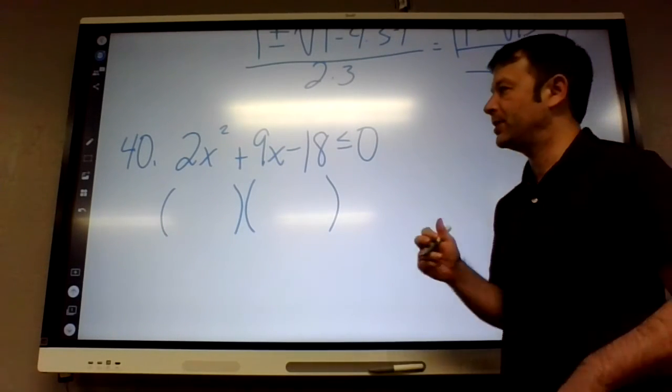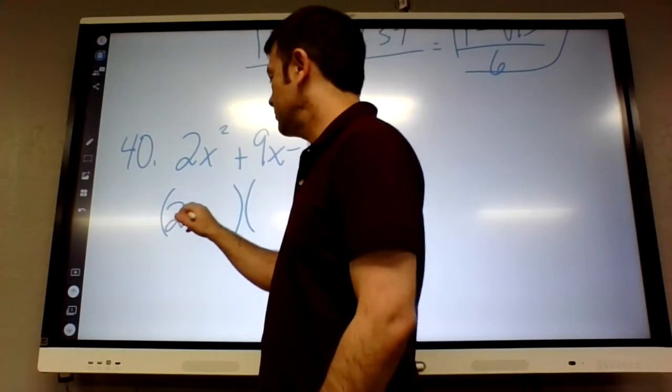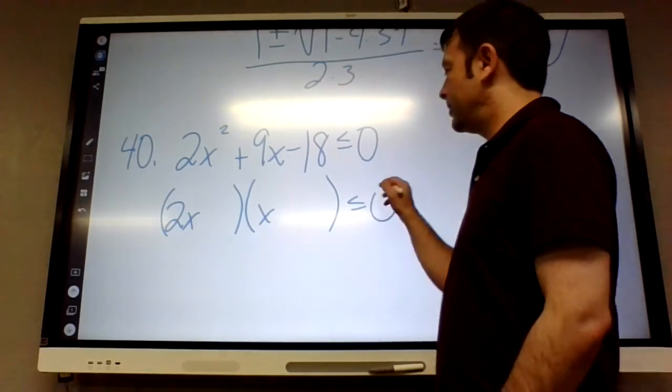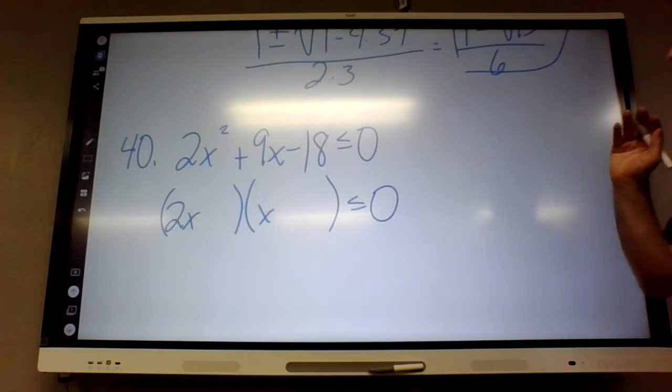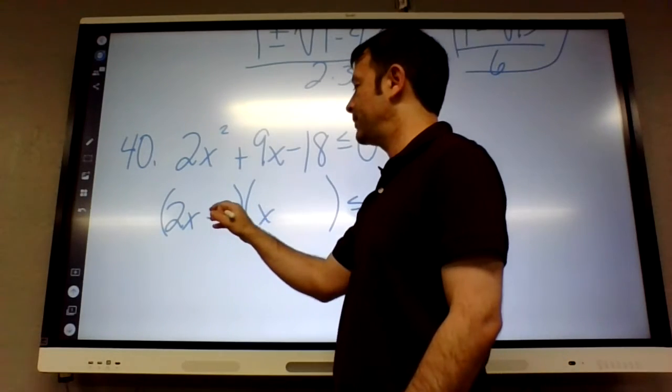What goes into 2x squared? 2x and x. What goes into negative 18? 6 and negative 3, or I think this one was negative 3 and 6.